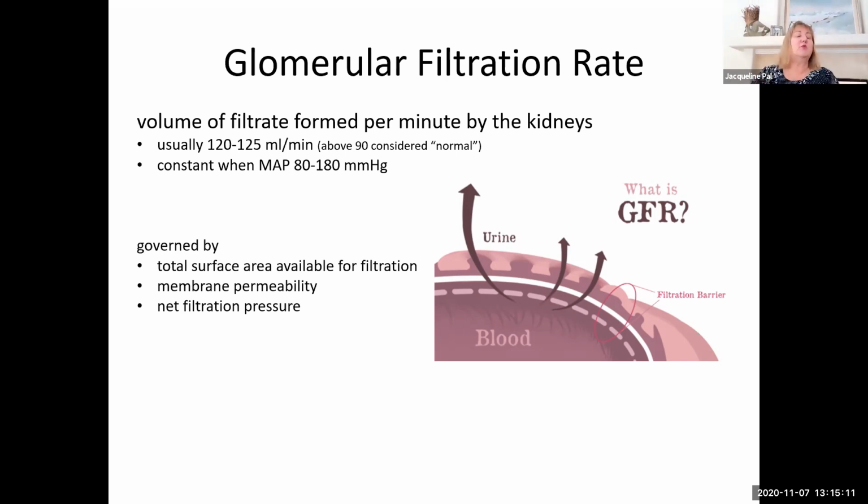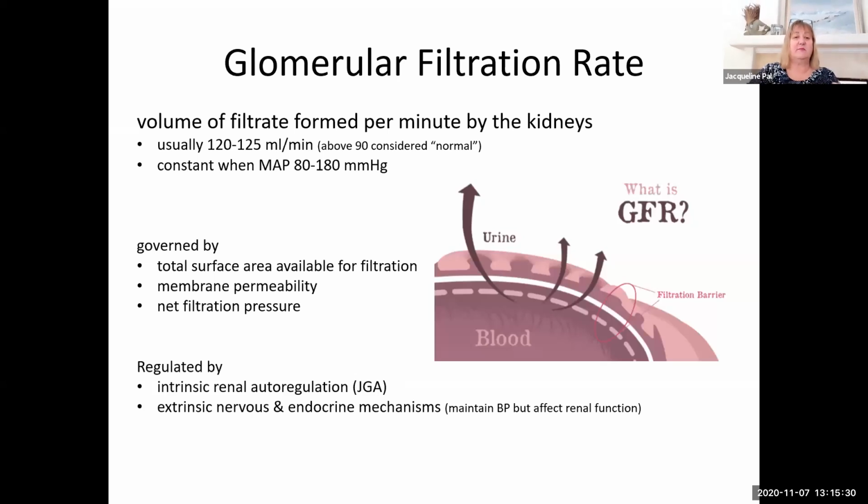So this filtration rate then is governed by the total surface area available for filtration, as well as the permeability of the membrane and those net filtration pressures. All those things we've talked about previously. But we can change the filtration rate. We have an intrinsic method where those juxtaglomerular cells themselves are looking at blood pressures and blood volumes.